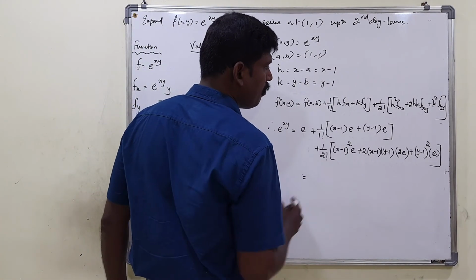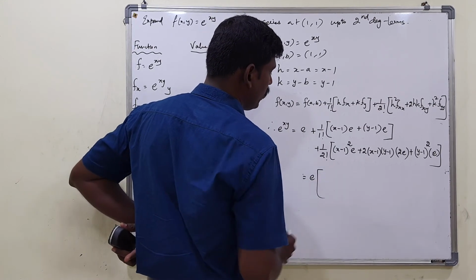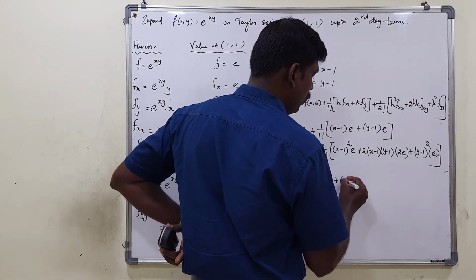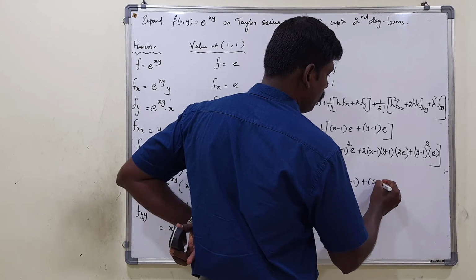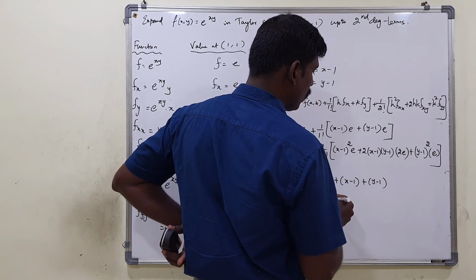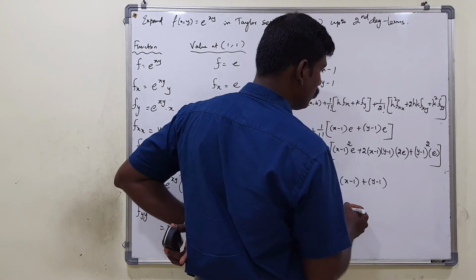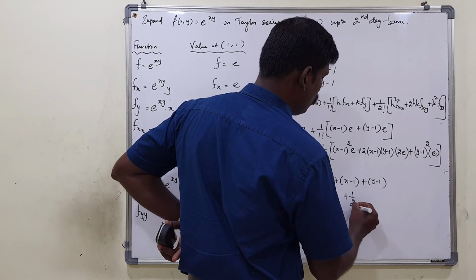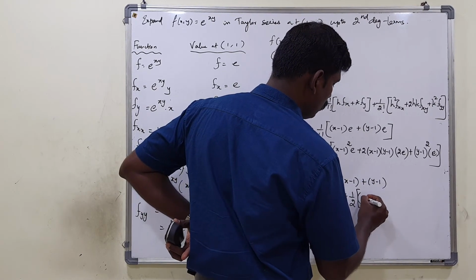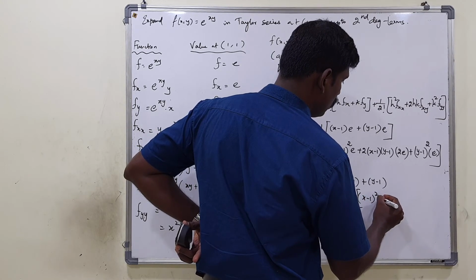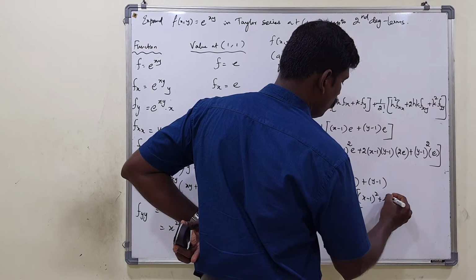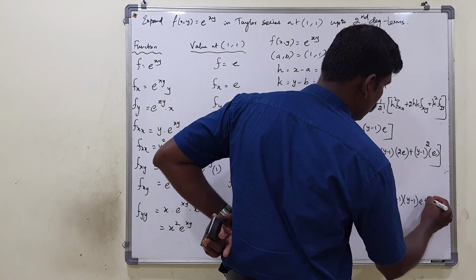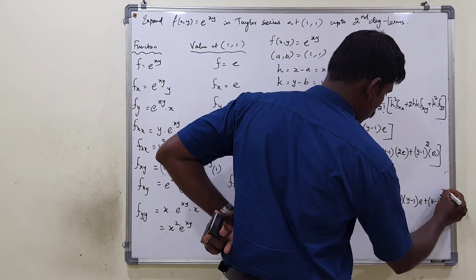That's all. So simplify it. We can take e as common from all the terms. After taking e as common, the first term becomes 1 plus (x minus 1) plus (y minus 1), and then 1 by 2 into [(x minus 1) the whole square plus 4 into (x minus 1) into (y minus 1) plus (y minus 1) the whole square].